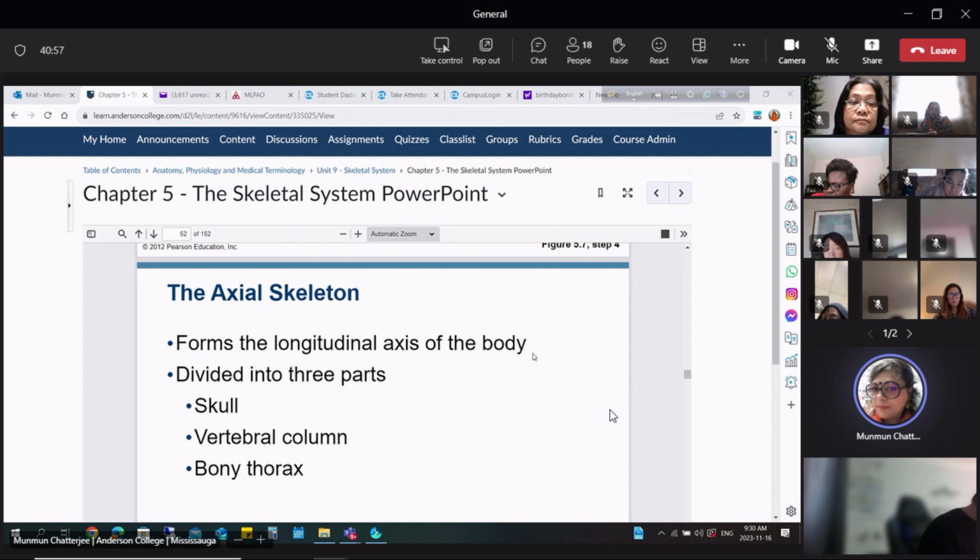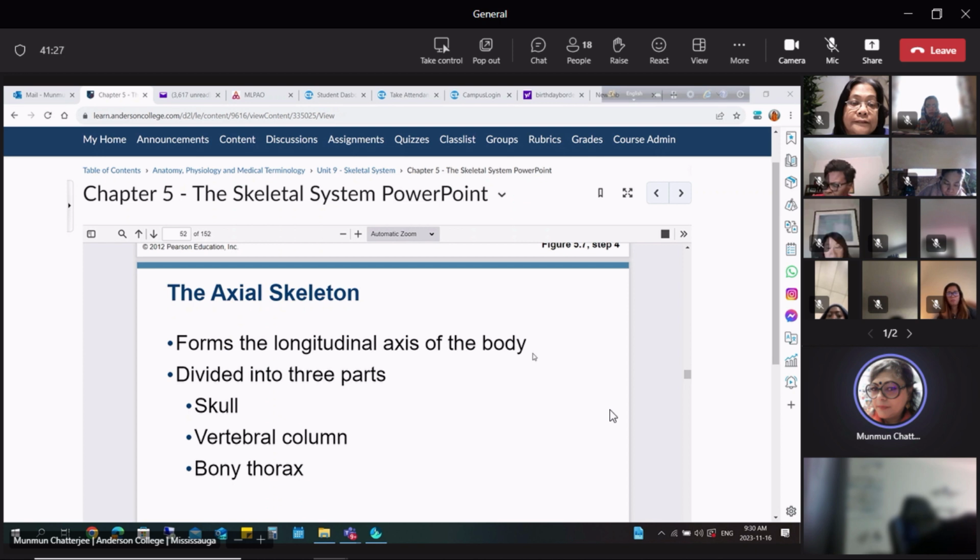We have the skull, we have the vertebral column at the back, and in the front we have the bony thorax. After that you have your legs, which are appendages, and your hands are appendages. So except the appendages, the longitudinal axis of the body is called the axial skeleton.